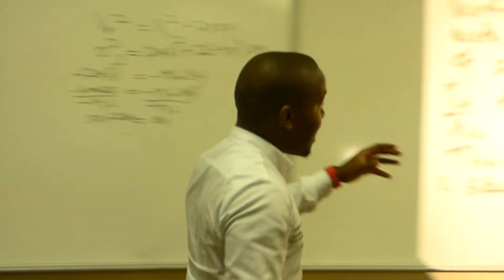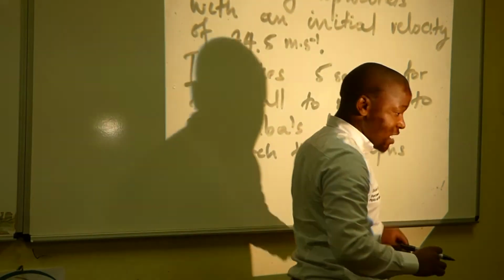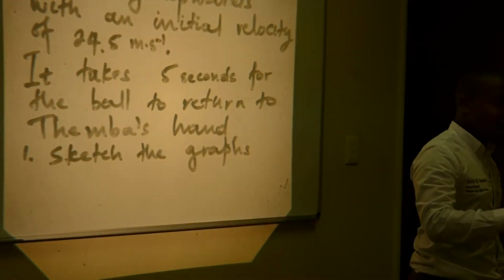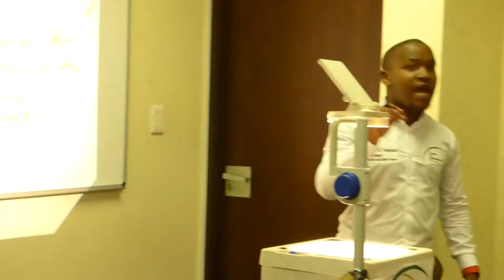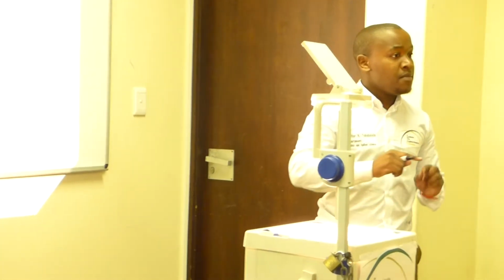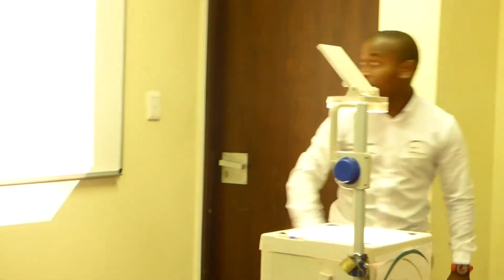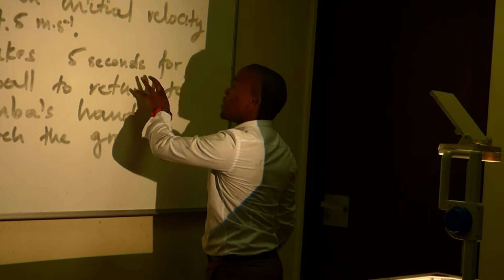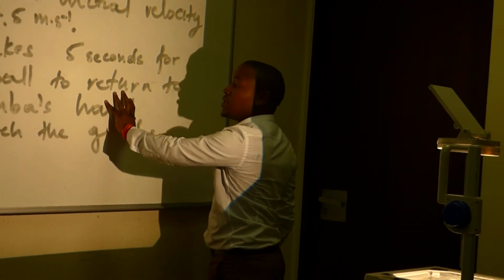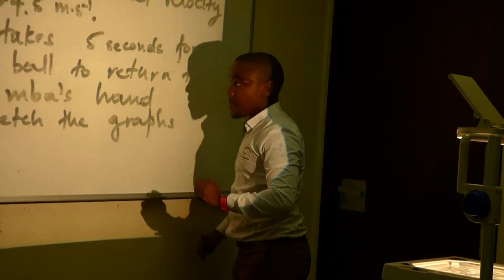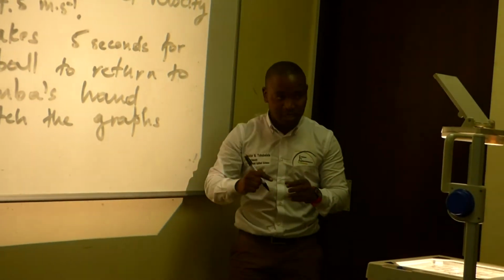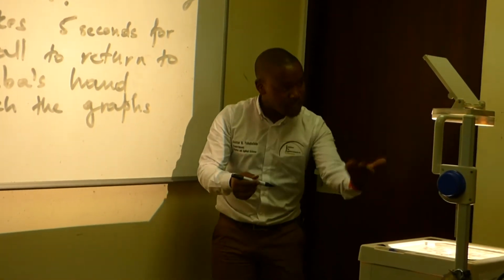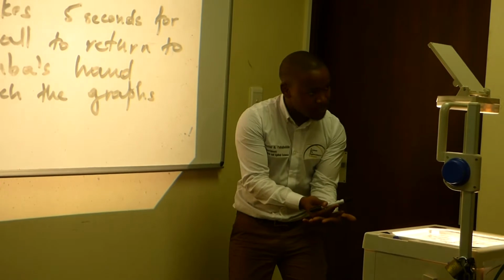We're going to analytically decide on the time at the maximum point and the time after the ball has completed its motion. But they told us that answer. They said it takes 5 seconds for the ball to come back to Temba's end.